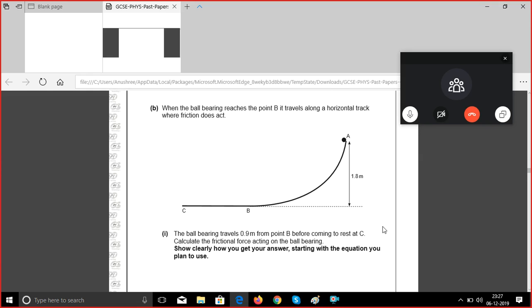So 0.36 equals F times 0.9. 0.36 divided by 0.9 equals 0.4. So the frictional force is 0.4 newtons. Yes, that's correct.